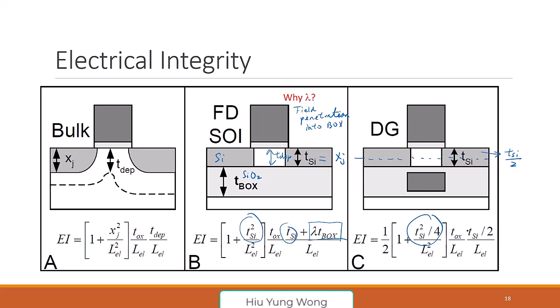Then both the depletion width, this is T depletion, and the junction depth are reduced by half because I get control by two gates. This is gate 1, this is gate 2. Any question about this?